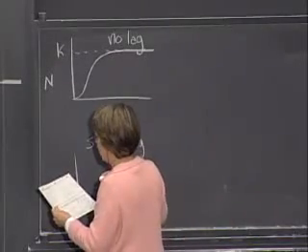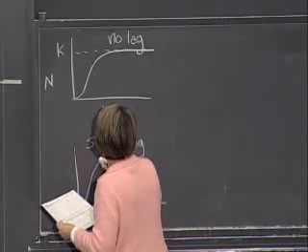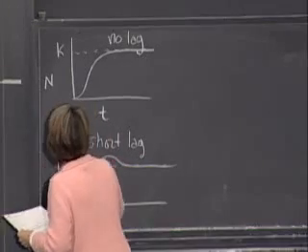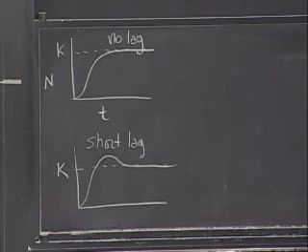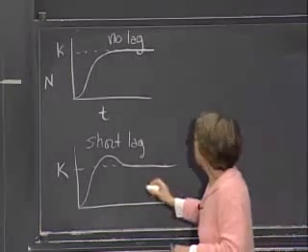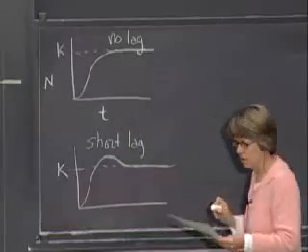But if you have a short lag, what you get is an actual overshoot of the carrying capacity in the near term because the feedback hasn't kicked in. But then it will come back and level off at the carrying capacity.